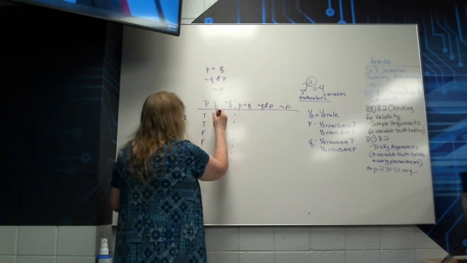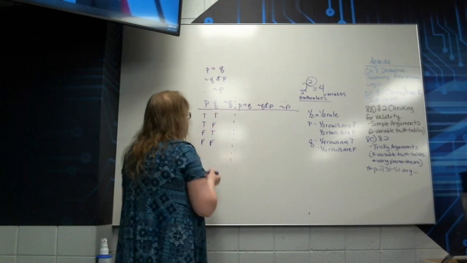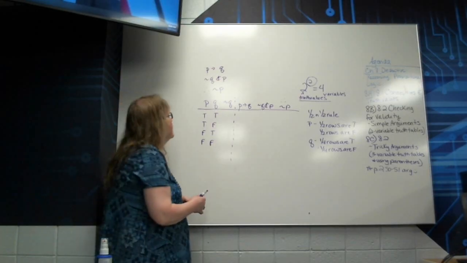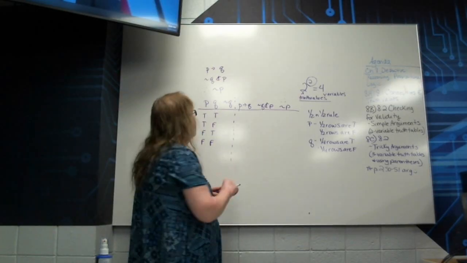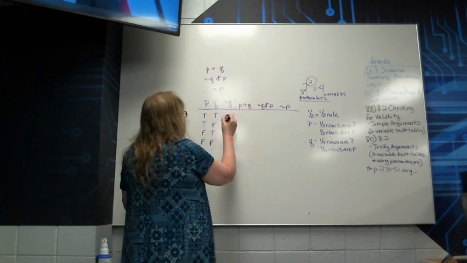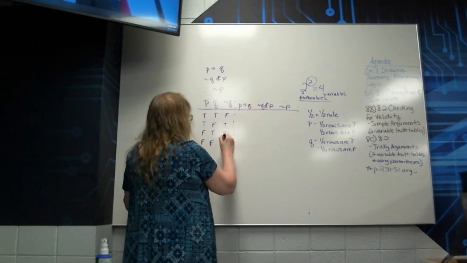And then half of that is one by one: true, false, true, false. So far, so good, right? I forgot to say pause me, but hopefully you did that. So it's right here. My not Q is opposite day. So false, true, false, true.